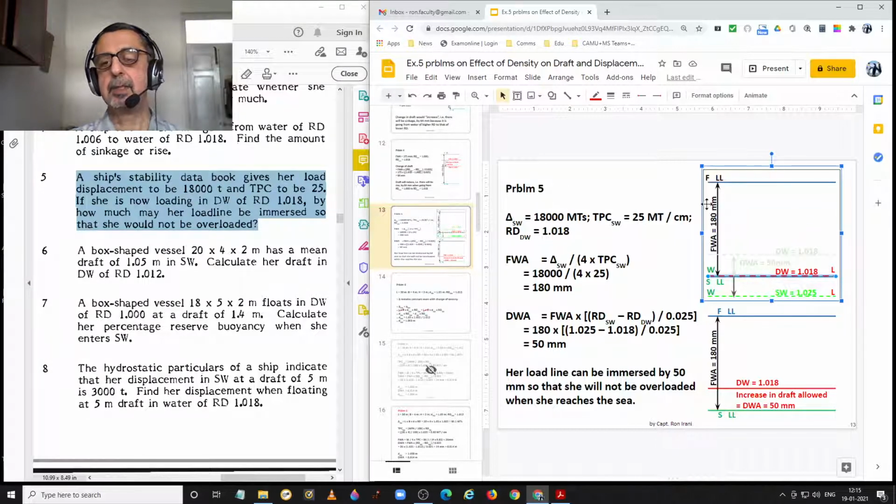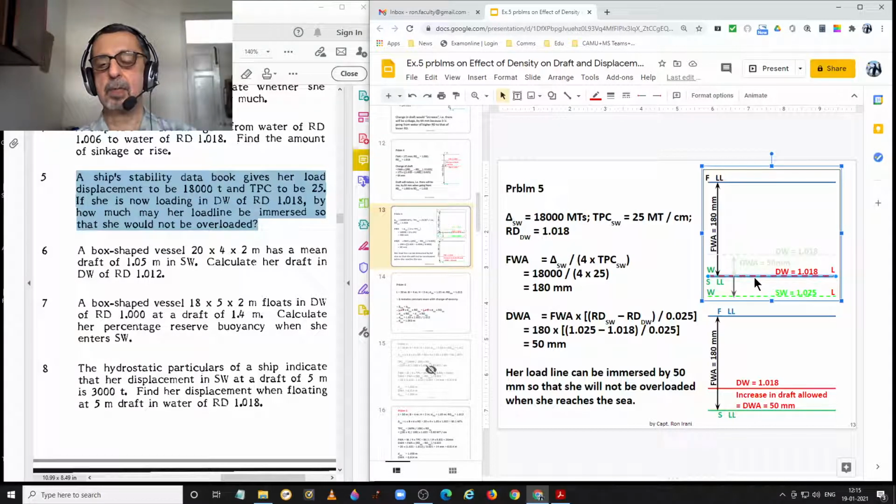If you see the drawing at the top on the right hand side, you will see that the water line coincides with the top of the summer load line, and she is floating in water of relative density 1.018. Now, if this ship were to go from this dock water directly into the sea without any loading of cargo, what will happen to her waterline?